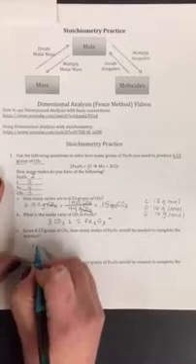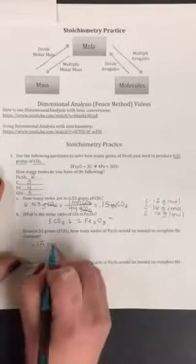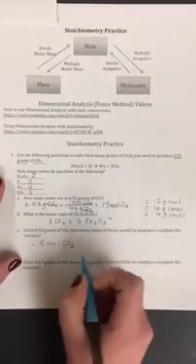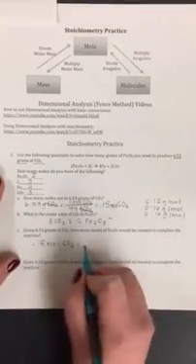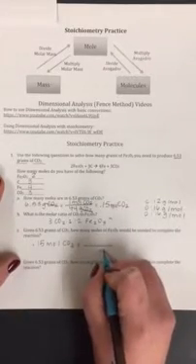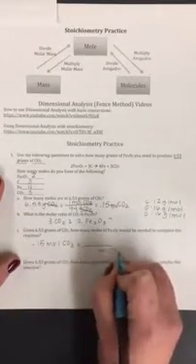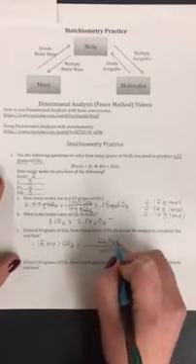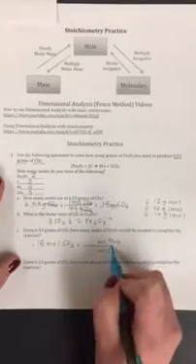So we take 0.15 moles of CO2, and we multiply that by our molar ratio. Like we said before, the moles of CO2 is going to end up on the bottom. We want the moles of iron oxide, so that goes on top.